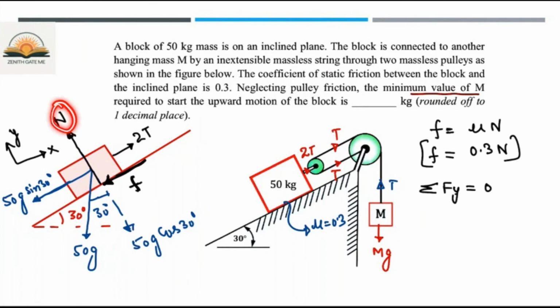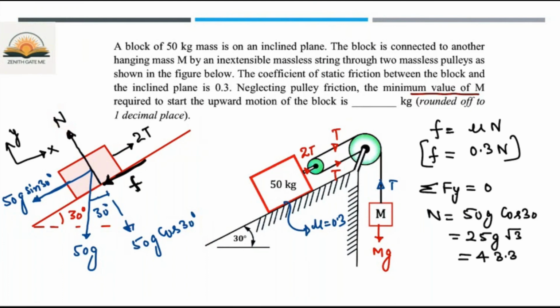The forces acting in the y direction are the normal reaction and 50 g cos 30. So the normal reaction is equal to 50 g cos 30. Cos 30 is root 3 by 2, so this becomes 25 g into root 3, which is 43.3 g. So the normal reaction is calculated.